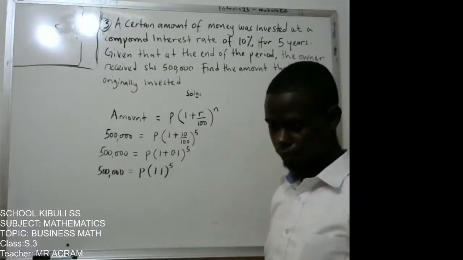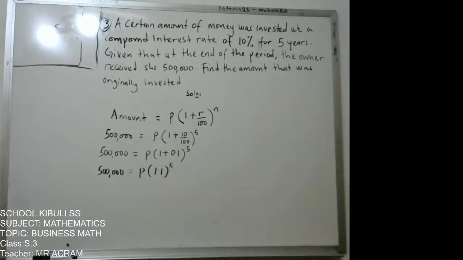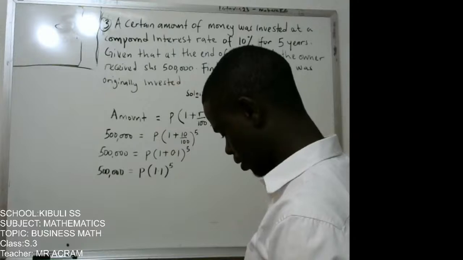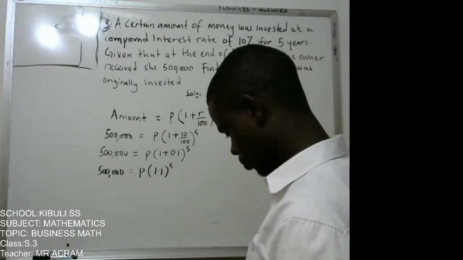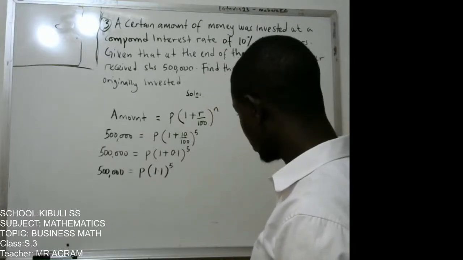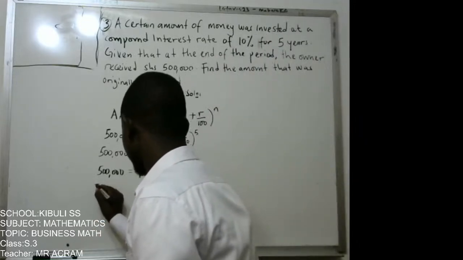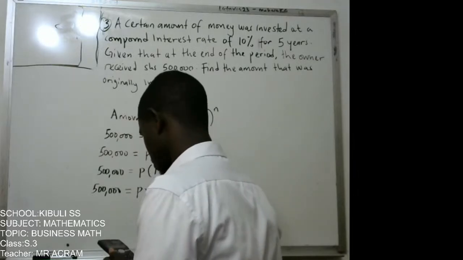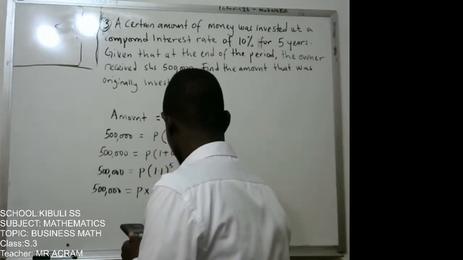We get 1.1 power 5. We get 500,000 is equaling to principal times 1.61051.